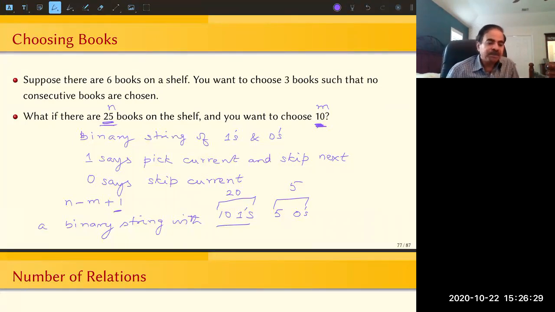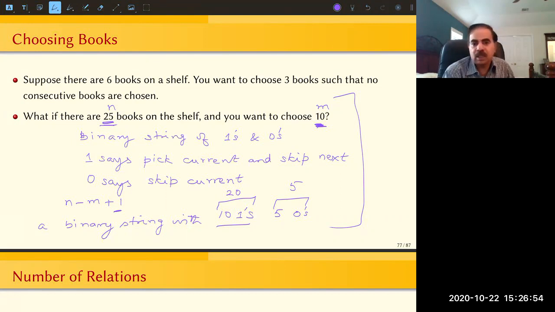But again, for a problem like this, just as in the donut case, you can see that there is a way to map this onto a binary string with zeros and ones. You need this many zeros and this many ones.